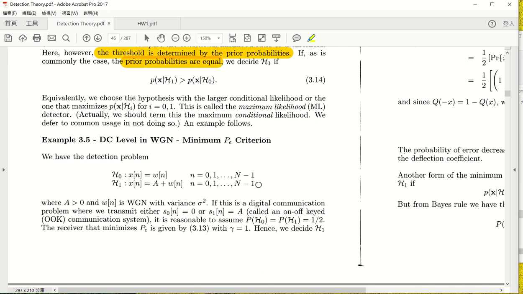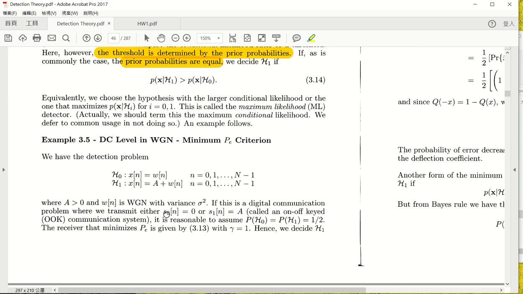So we are assuming this could be a digital communication problem. It could be other types of engineering problem, other than just digital communication, right? But digital communication is very common, so we say that it could be a digital communication problem.